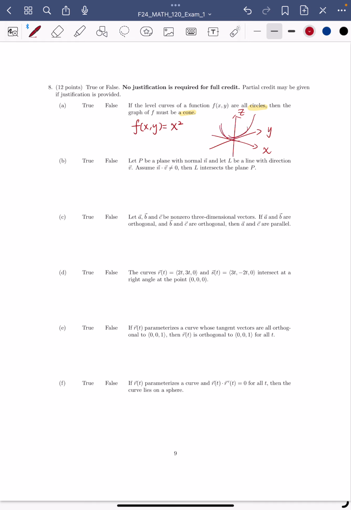So somewhat looks like this. Or you just draw a paraboloid. So the answer is false.